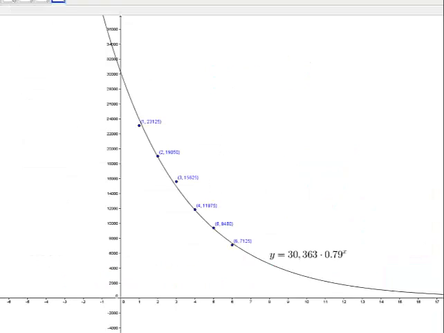Just to sort of remind you of what these things look like, here we have the points that we were talking about. Value after the first year, value after the second year, third, fourth, fifth, and sixth. Here's the equation we found, and this is what it looks like graphed. So, you know, of course it's regression, it's not going to hit things perfectly, but it does a pretty good job.